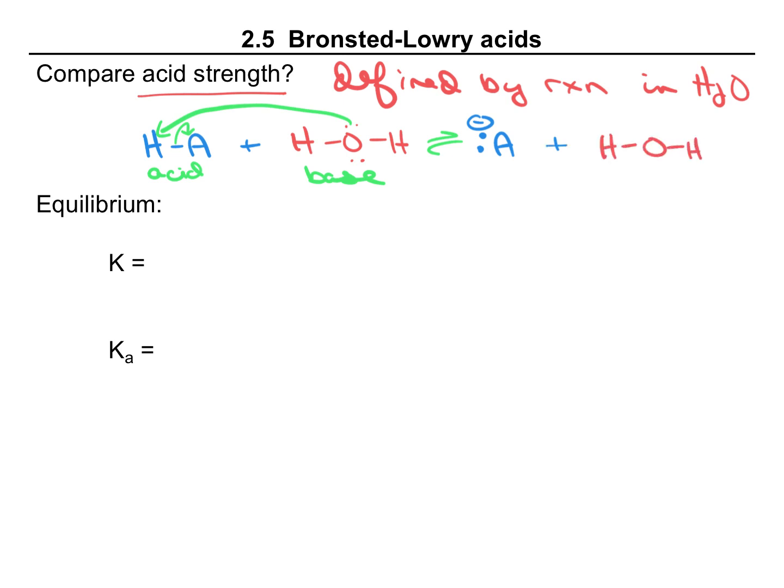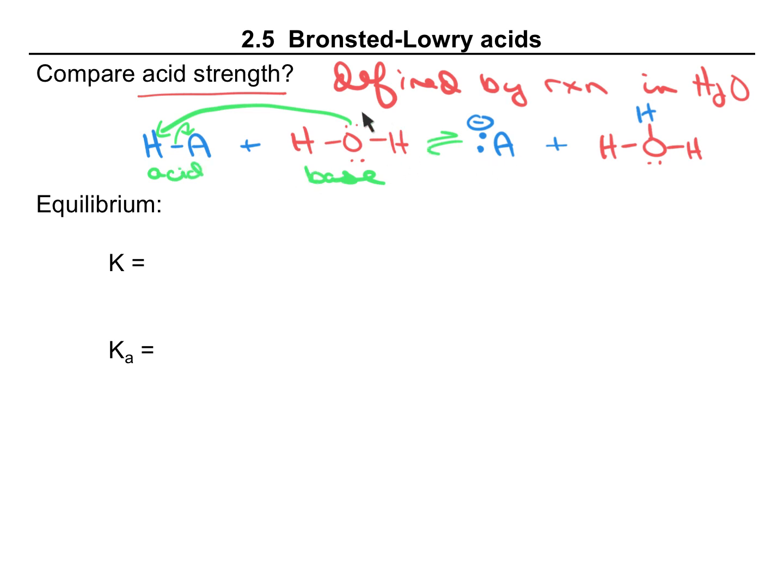This still has its lone pair, but now the oxygen is connected to the hydrogen that it took from HA. So what's left after the acid has acted as an acid is A minus.